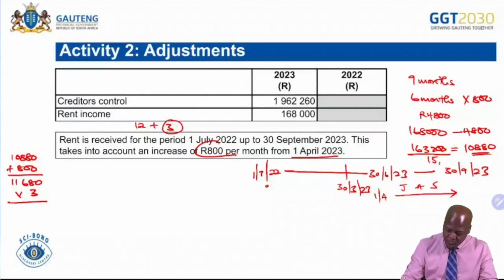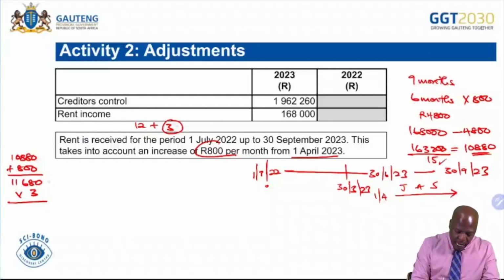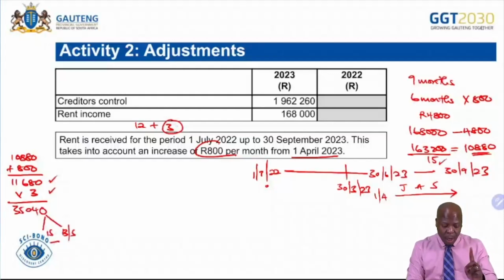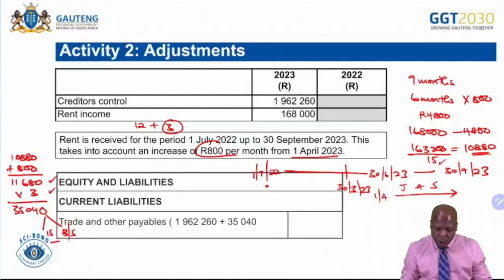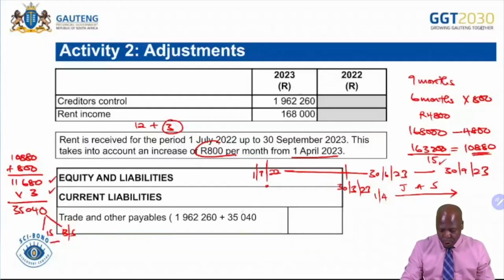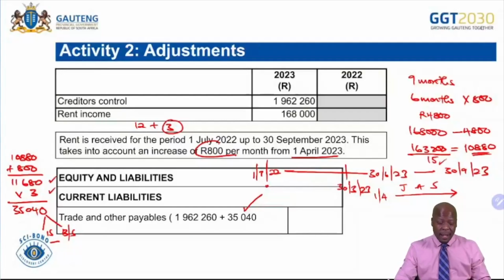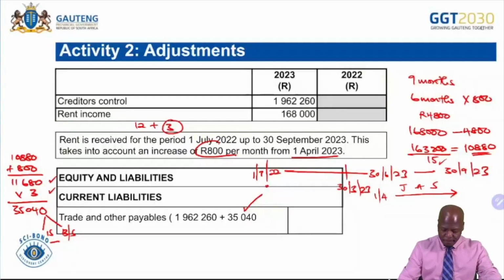Then you now say 11,680 times the 3, then you end up with 35,040. This is your income received in advance, income statement, balance sheet. In the income statement, you minus, but in the balance sheet, you take it to your trade and other payables. So you add it to your trade and other payables. Okay, can I move on to the next one?